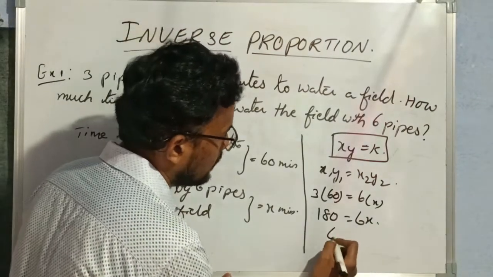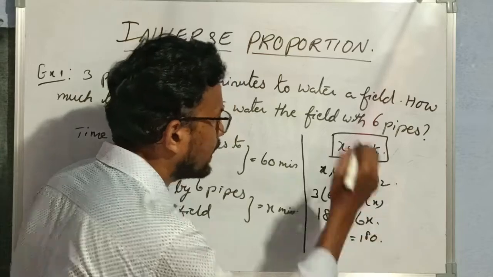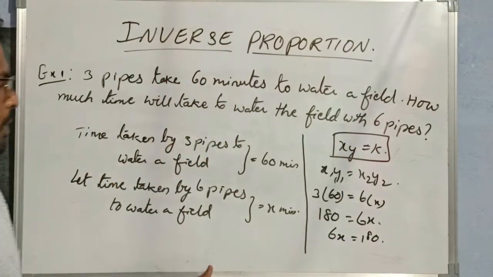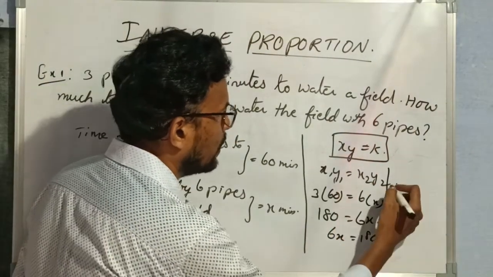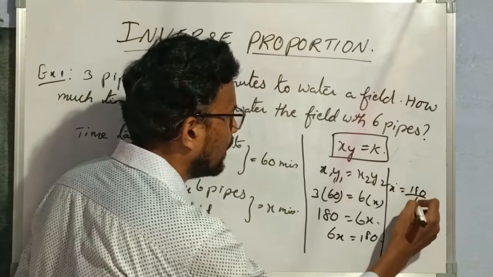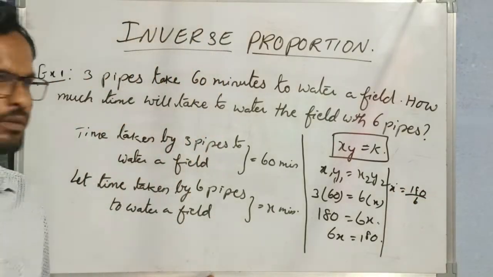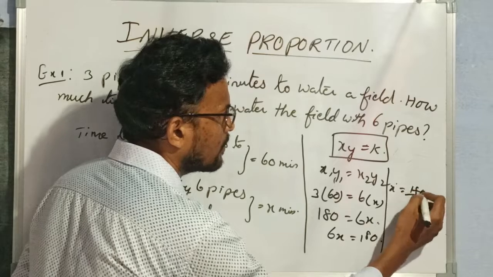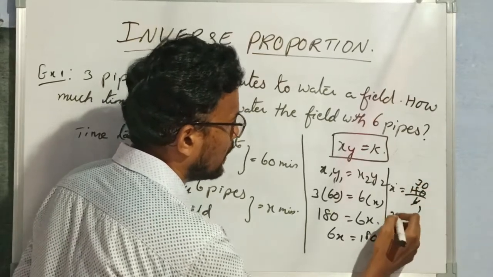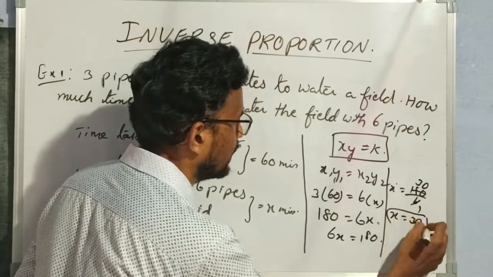Now 6x is equal to 180. Let us find out x now. So x is equal to 180 by 6. So 6 threes are 18, with 0, x is equal to 30.